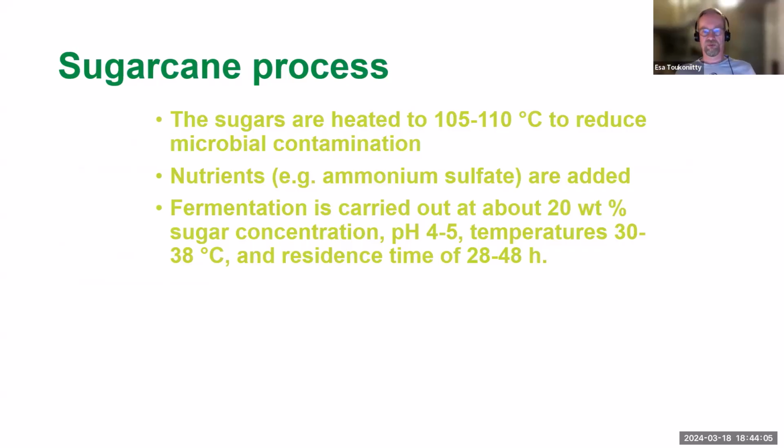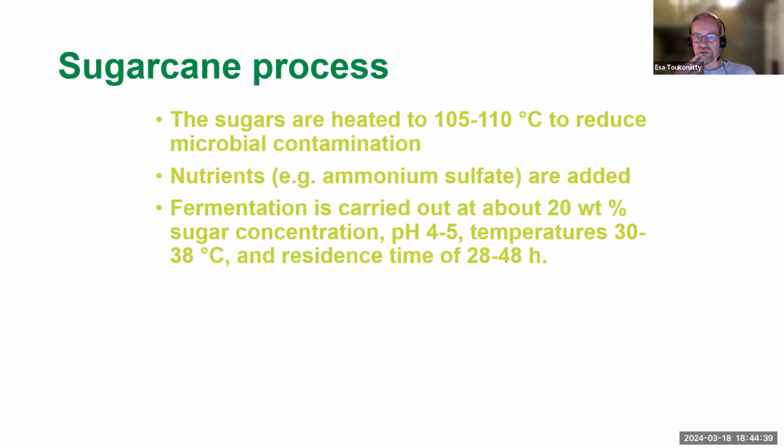These are some conditions and details regarding this particular process, taken from, like I said, the course textbook. So sugars are first heated. The purpose, like this is a yeast or biochemical process, so often other microbes that exist naturally on biomass or come from nature might cause problems, so-called contamination.